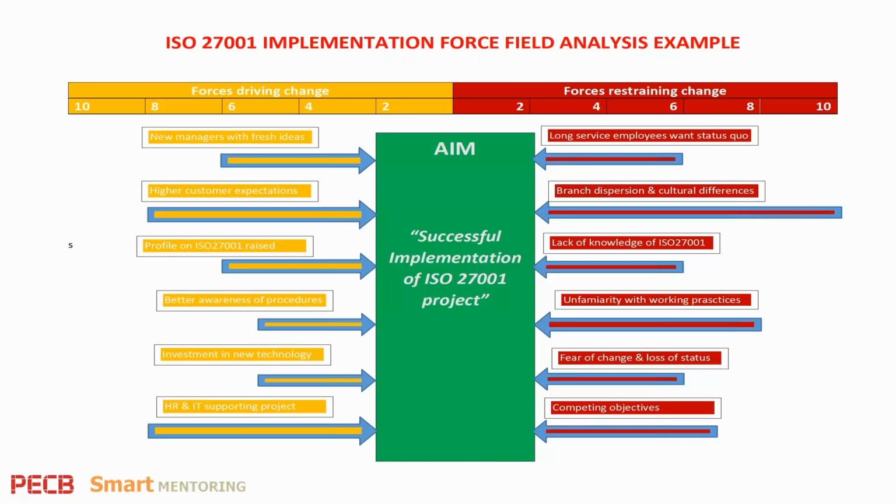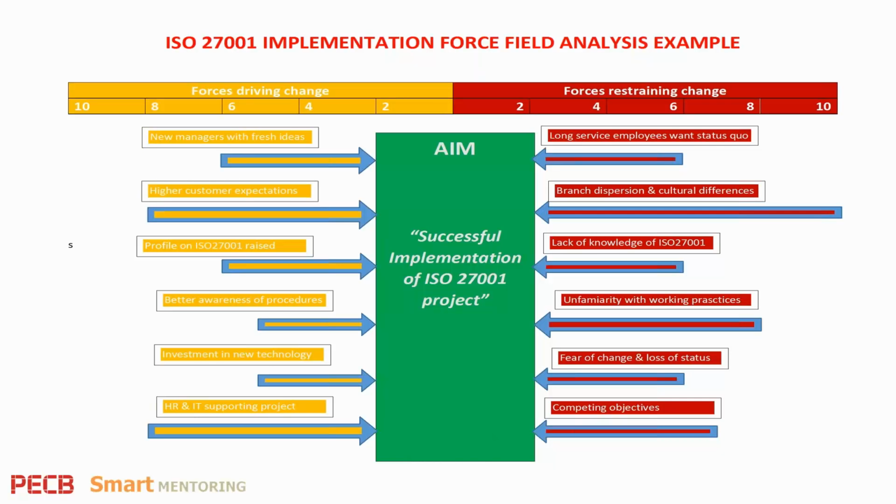Now you will see 1, 2, 3, 4, 5, 6 forces that when I did this particular project, these were the issues. So new management had come into the company with fresh ideas. They brought higher customer expectations. The profile of 27,000 had been raised, obviously, as we were going to go and get certified against it.